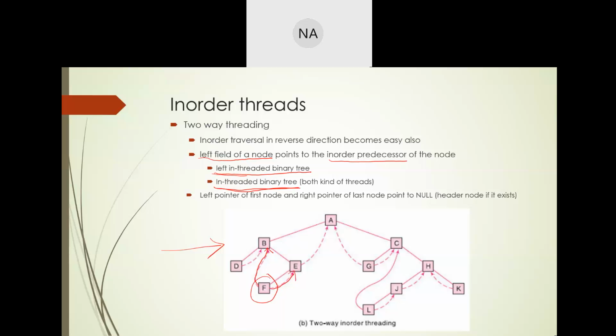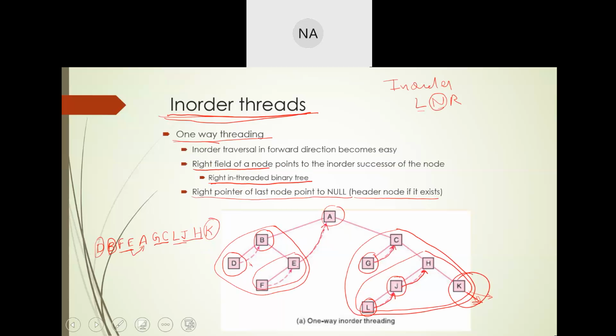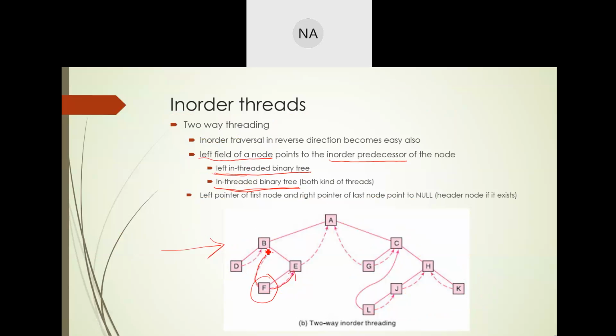Node F's in order predecessor is node B and successor is node E. So the left thread of node F points to node B and the right thread points to node E.